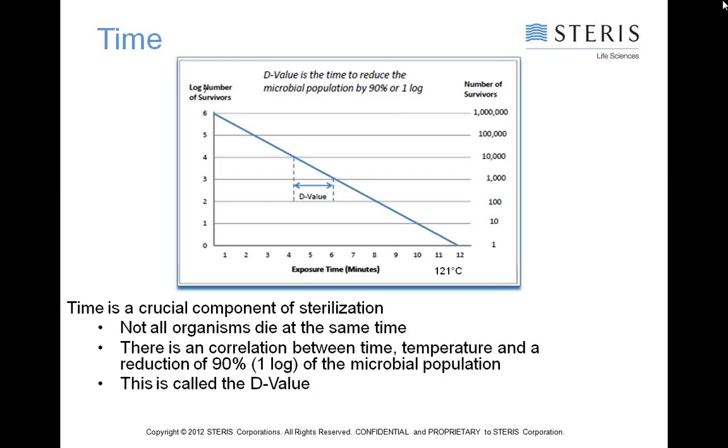So if you start with 1 million spores, it takes roughly 12 minutes to get down to 0. And of course, you can go beyond that, to say if you were to set your sterilization cycle for 20 minutes, you would reach 10 to the negative 4th. This is a principle called overkill, which is an acceptable principle in the industry.